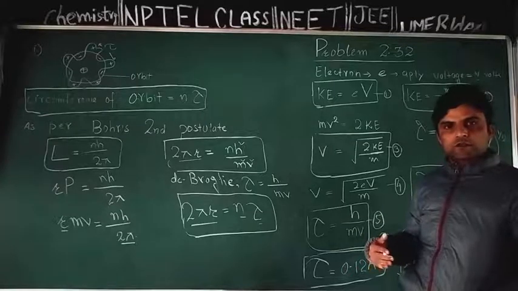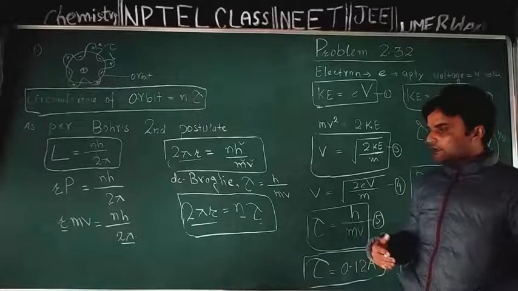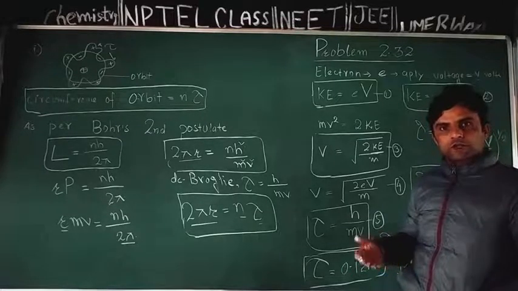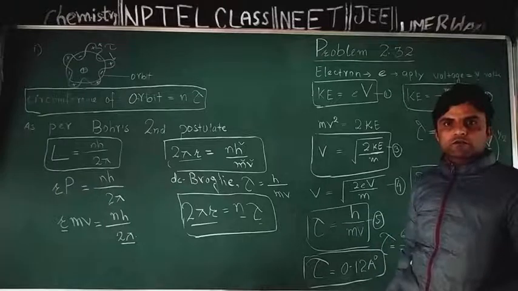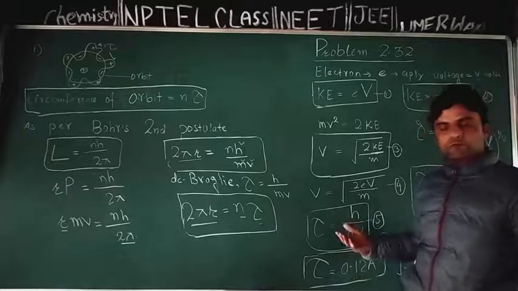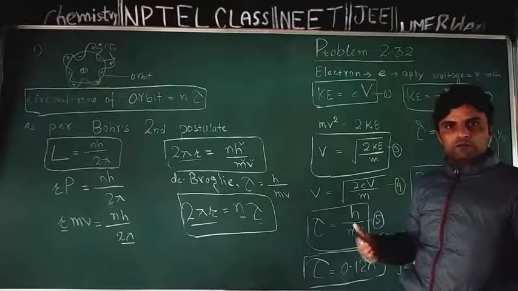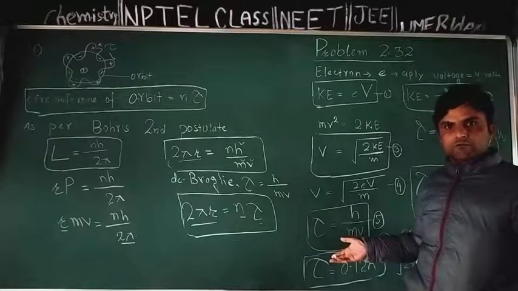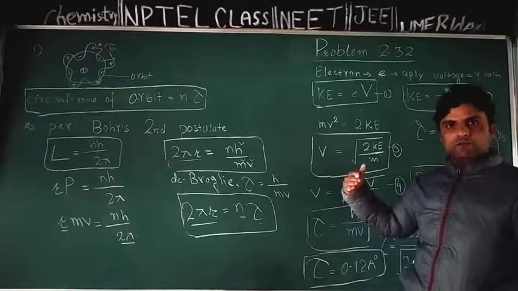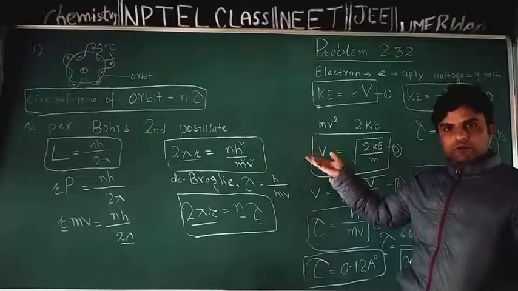Because the electron beam was diffracted by the nickel crystal, it led to the belief that electron behaves as a wave. And this idea, that electron is a wave, was given by de Broglie.